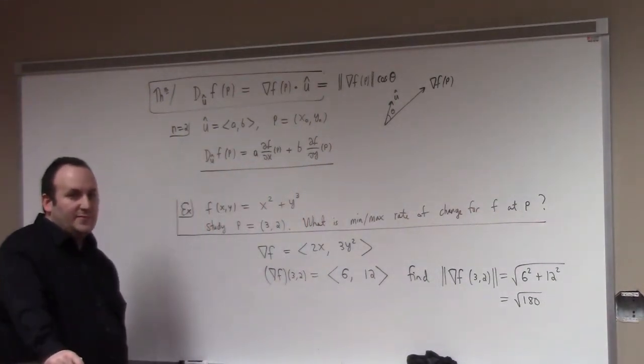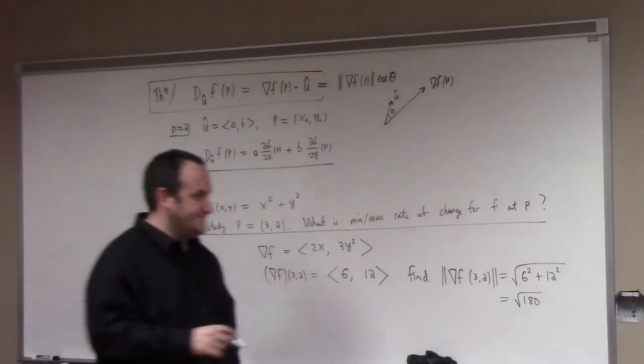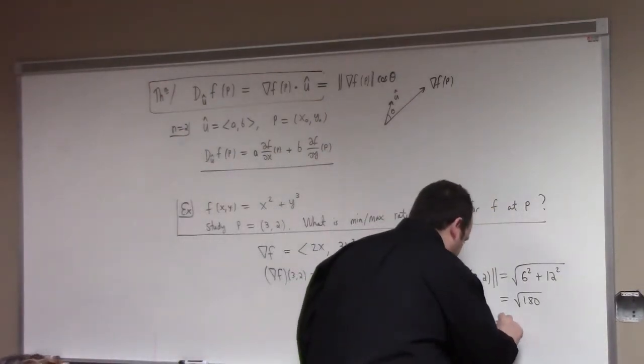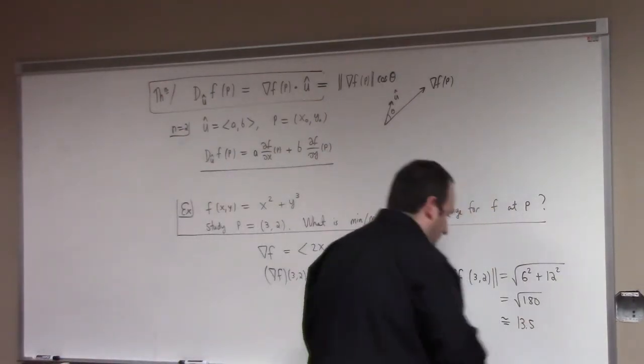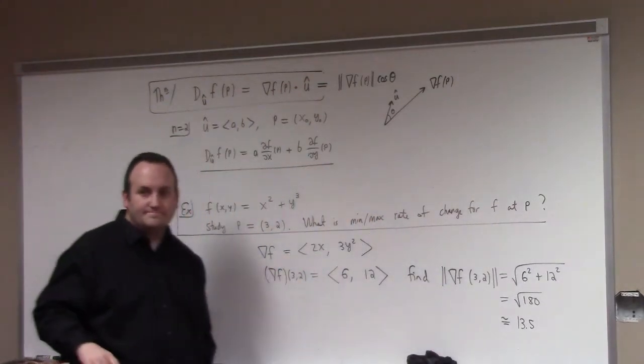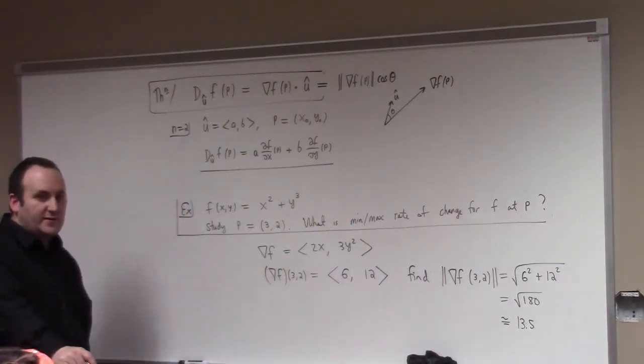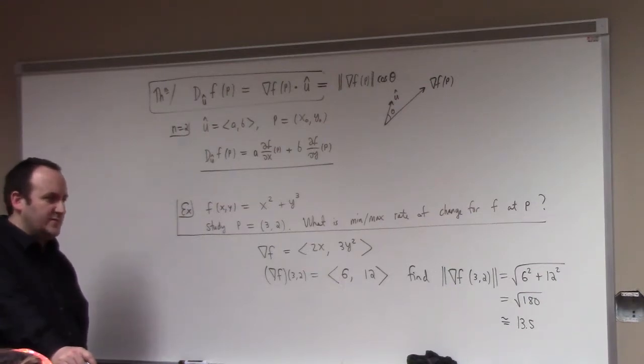It's about 13.5-ish, give or take. 13 squared is 169, 14 squared is 196, I think. So it's between those.